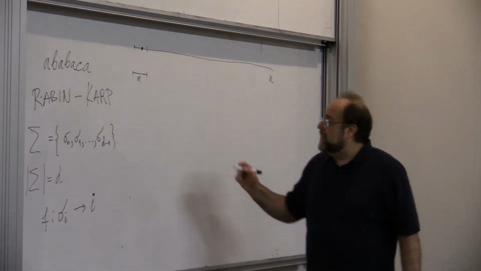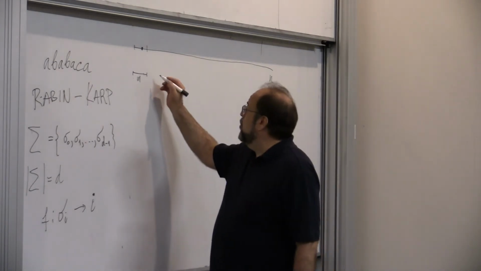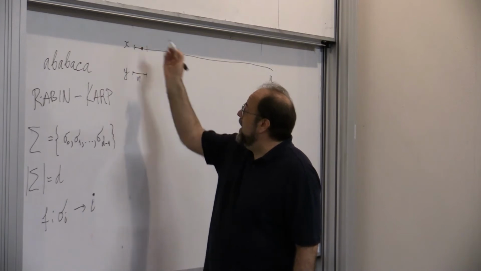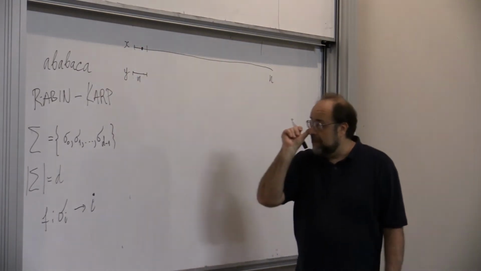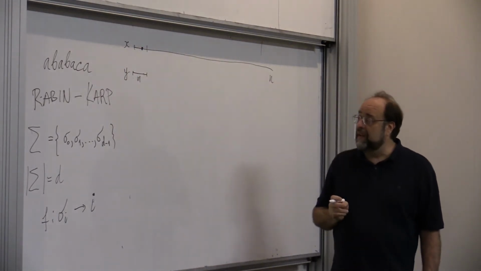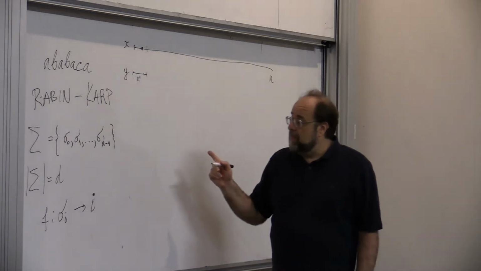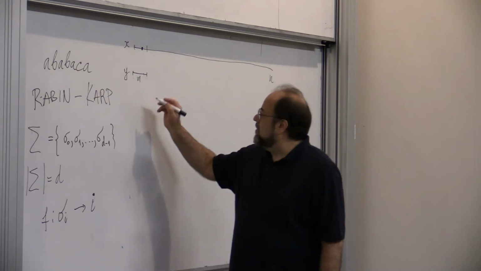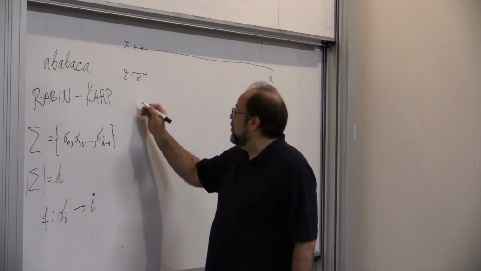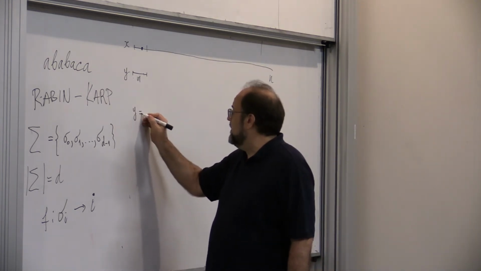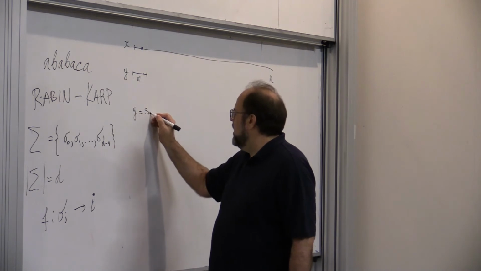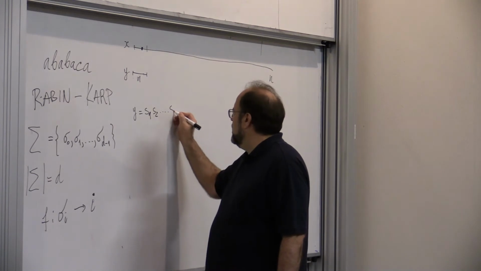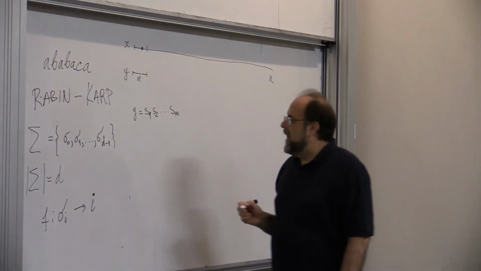Okay? And say our shorter string y, this is our string x, if it has m symbols, so say y looks like this: S1, S2, all the way to Sm.